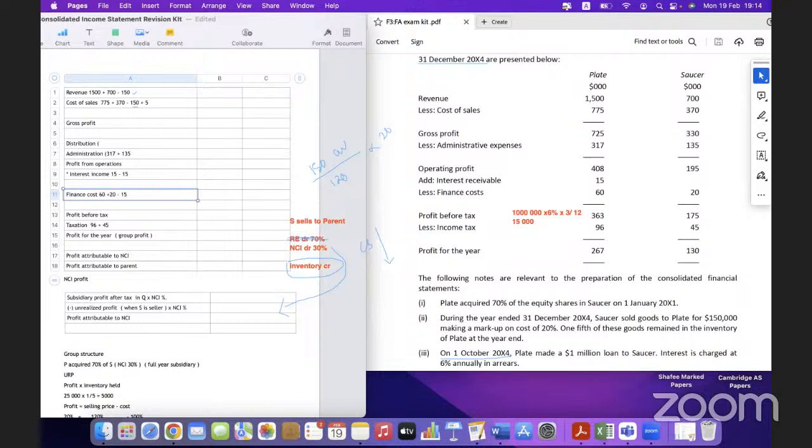Remove from that interest expense, credit. Just like how you are removing sales and purchases. For one company, this is interest received, so remove this from interest income. For another company, this is interest paid. Interest paid means expense, so remove that from finance expenses.